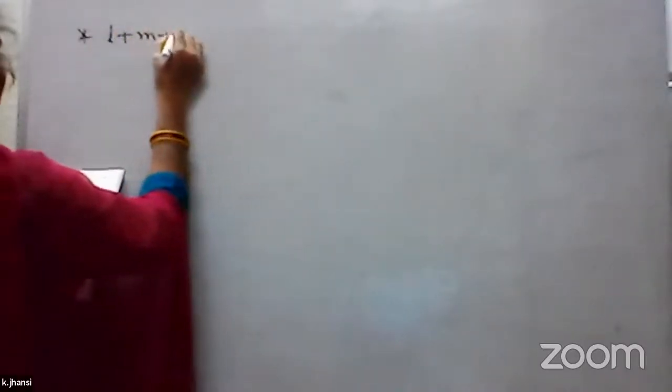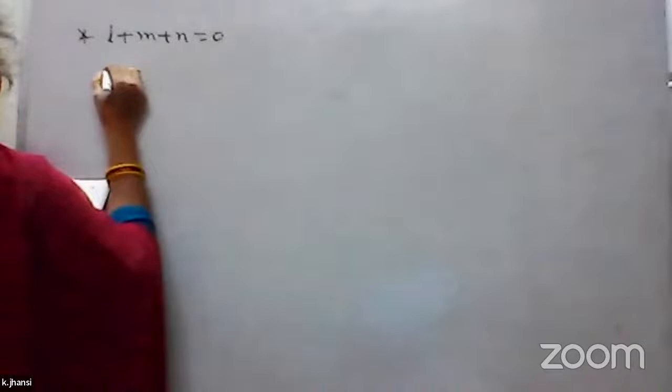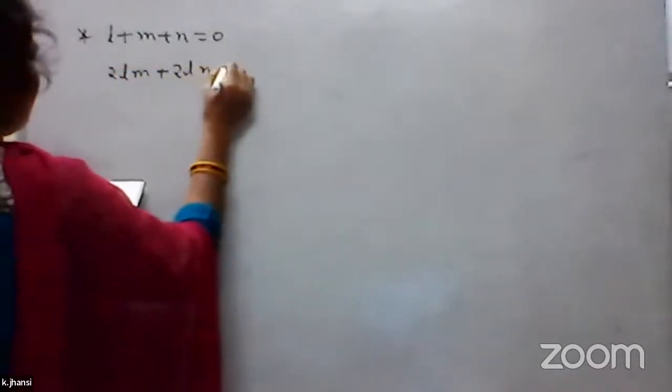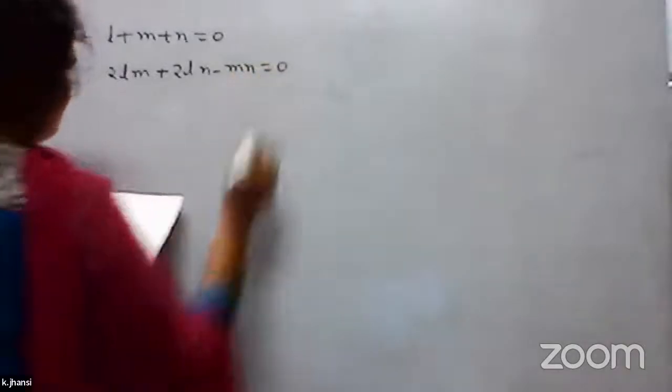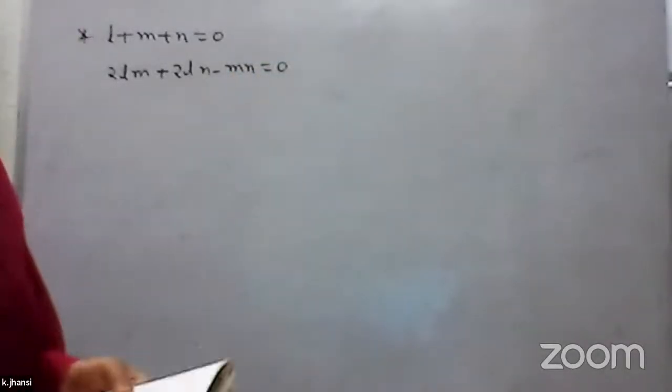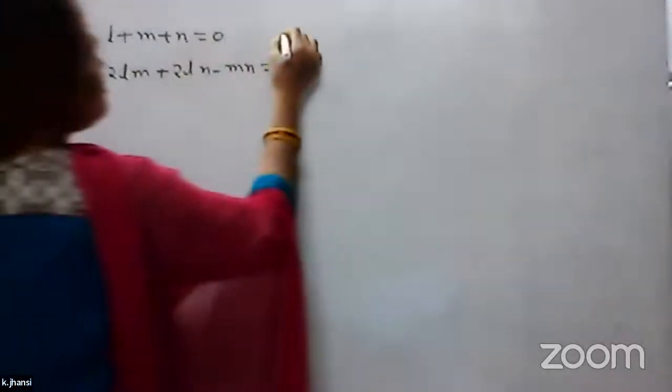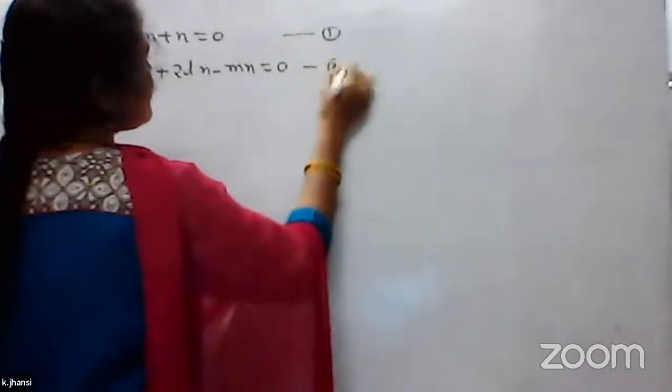I am writing the direction cosines here and we'll solve the problem. Okay. Whatever the question is, you write that. So the given one is L plus M plus N equals 0, and next 2LM plus 2LN minus MN equals 0. So that is what we have.